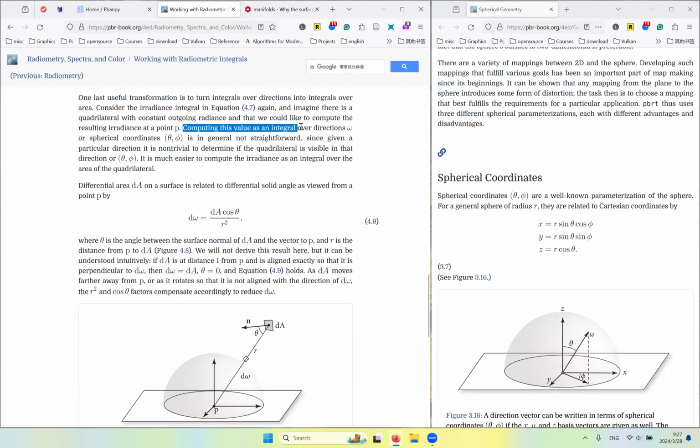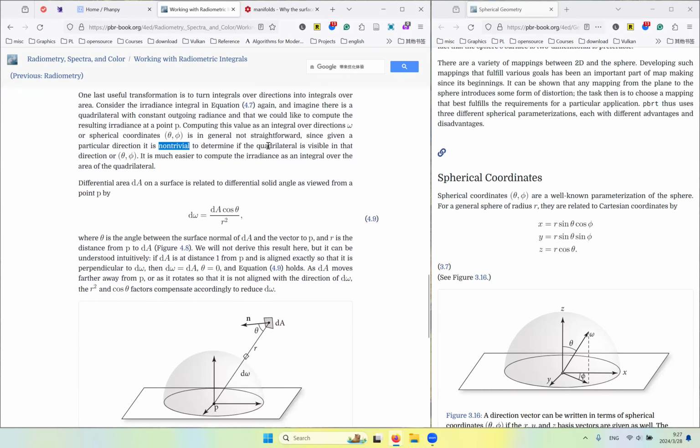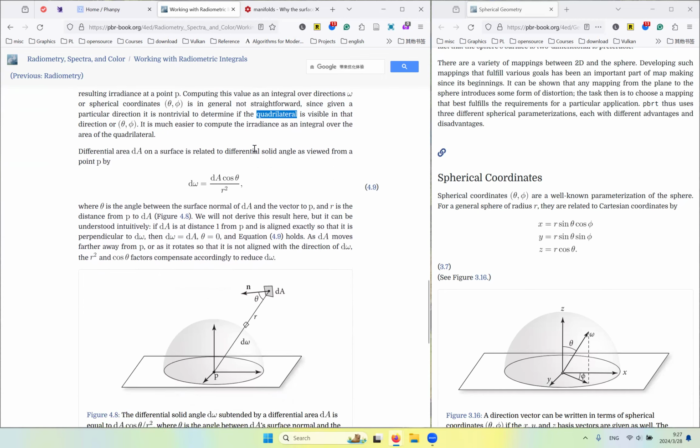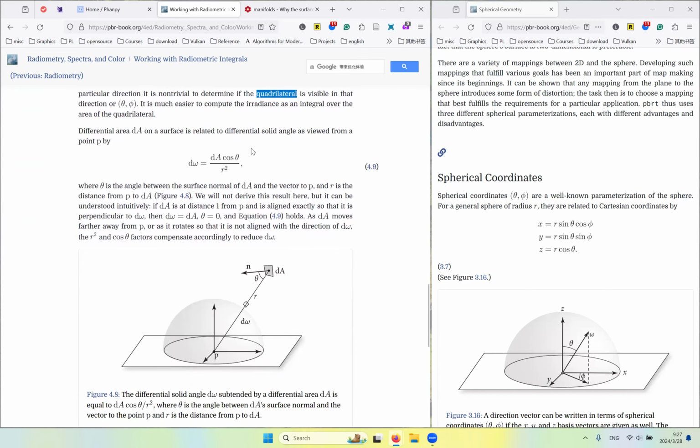Computing this value as an integral over direction omega or spherical coordinates is not straightforward, since it is non-trivial to determine if the quadrilateral is visible in the direction. So it's easier to compute irradiance directly as an integral over this area.